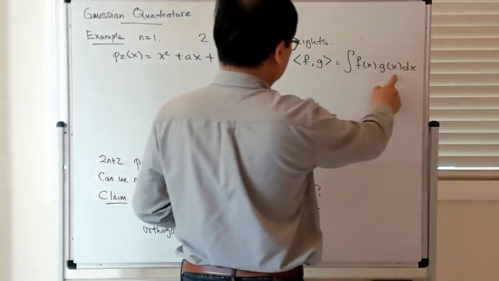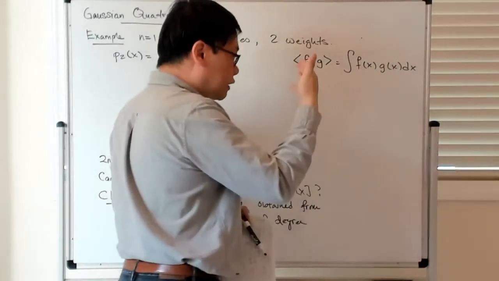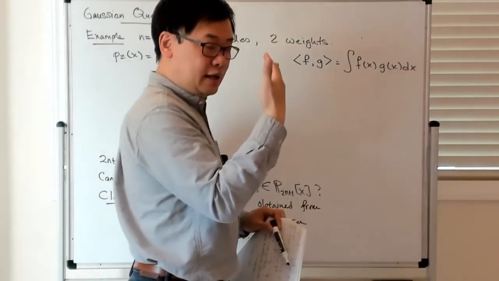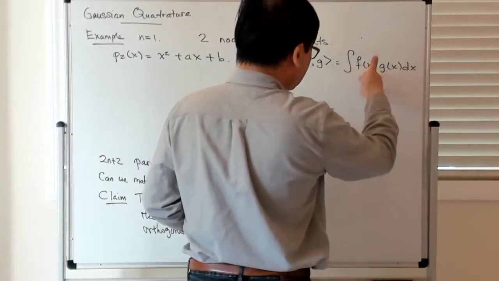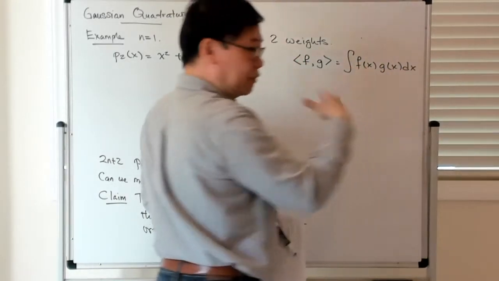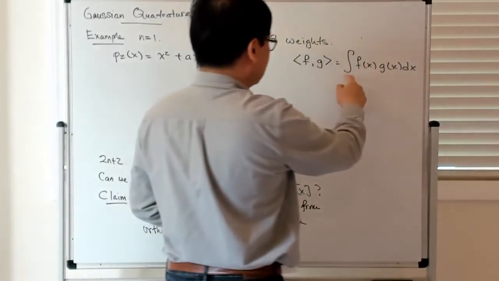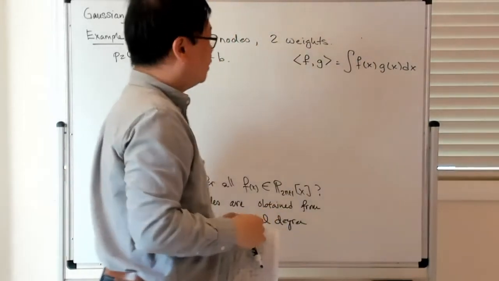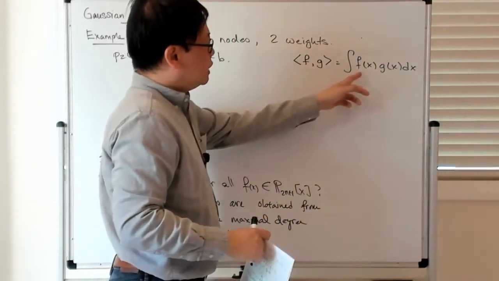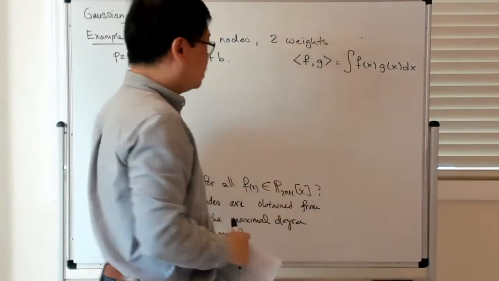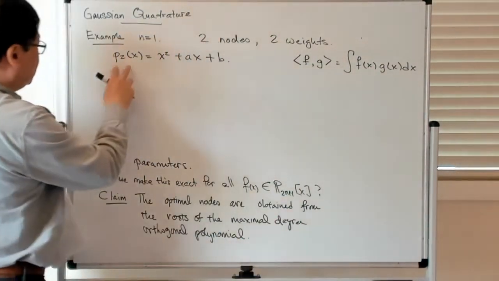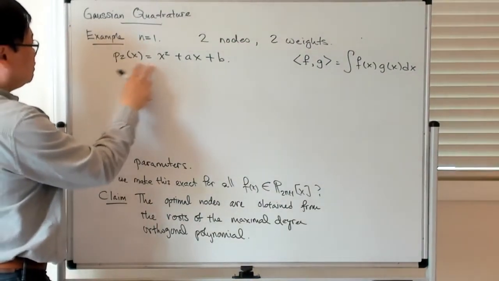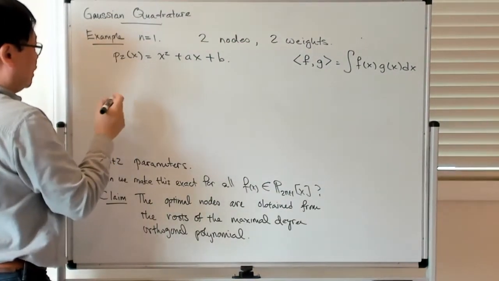This is the same thing: you can think of the function as an infinite dimensional vector, you multiply the corresponding components, and instead of summing, you integrate. So there's a real sense in which this integral is an inner product. With that in mind, what we want for this p2 of x is to have the following property.